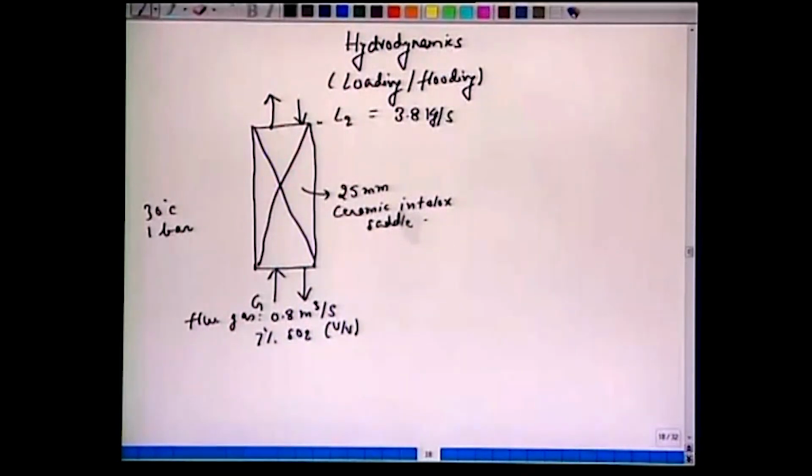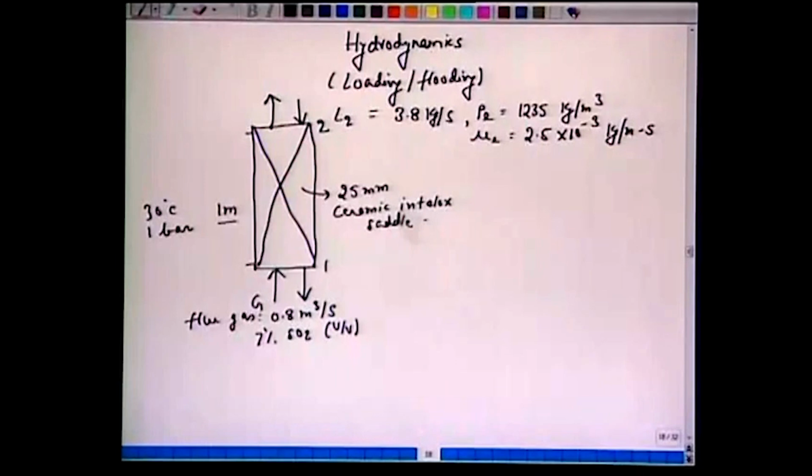So, this end is level 2 and this end is 1 here. Physical properties of the liquid are given: rho L is 1235 kg per cubic meter. Viscosity of the liquid is given as 2.5 times 10 to the power minus 3 kg per meter per second. Height of this column is given here as 1 meter.